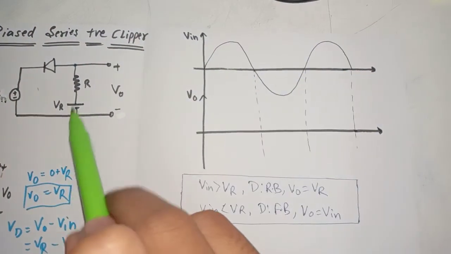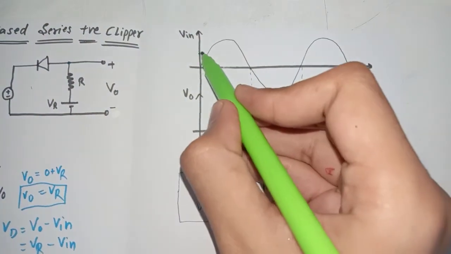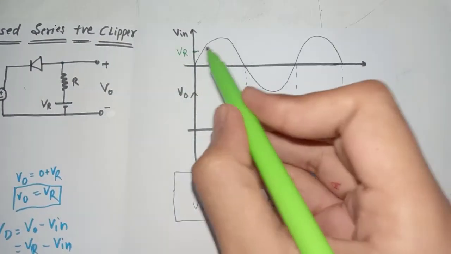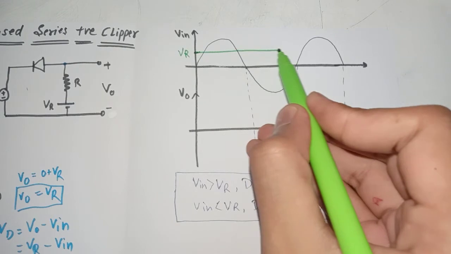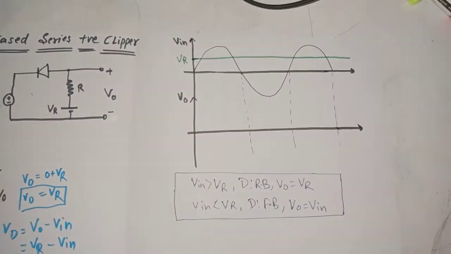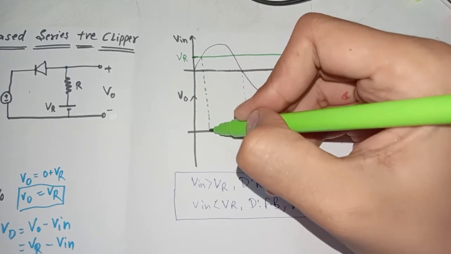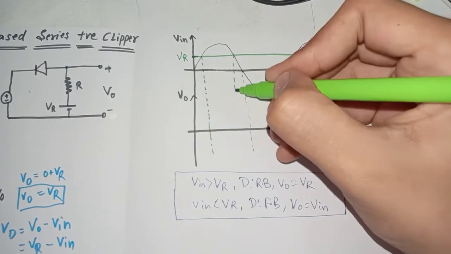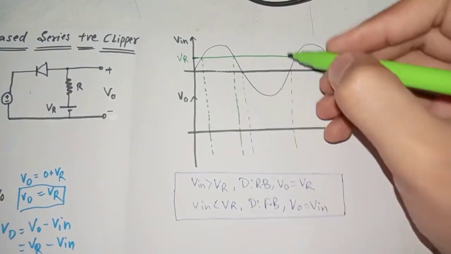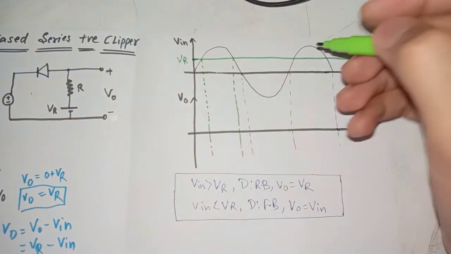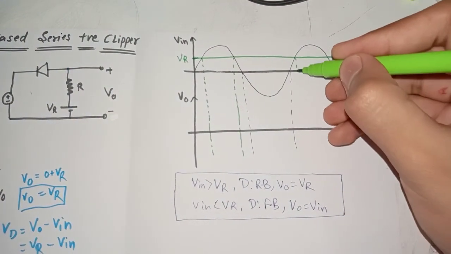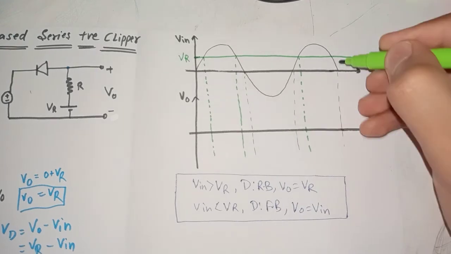So now guys, as we have applied positive bias, we will take our reference voltage here. So this is our bias voltage, or we say reference voltage. Now we also have to draw vertical lines where this voltage is touching this input waveform like this.